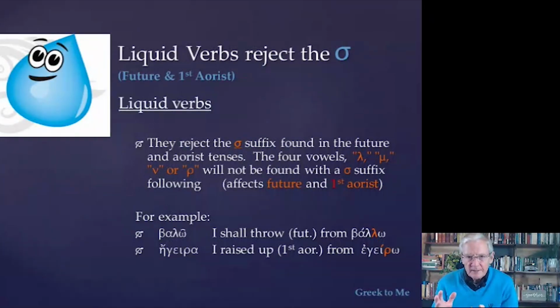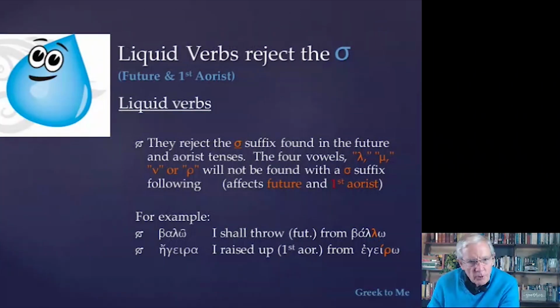We've always had the sigma suffix. For example, down below, balo is the future form of balo with two lambdas. You see a slight internal change there, and there's a circumflex accent over the omega. So that's a future active indicative, first singular, I shall throw.